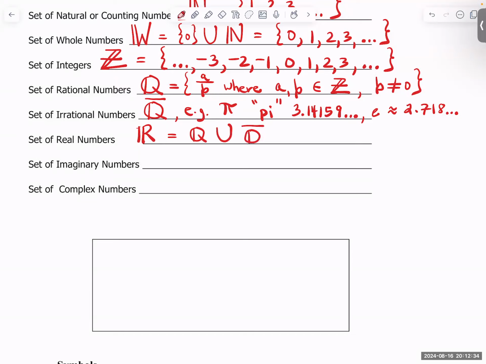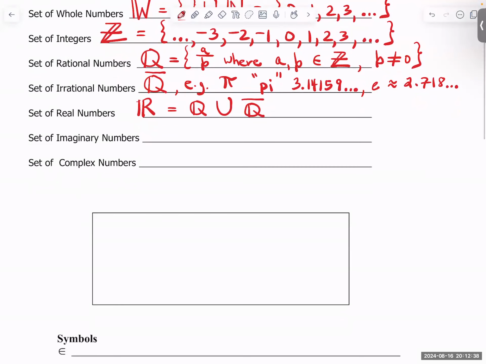Q bar. So in the rectangle below, if we imagine separating this box into two subsets, on the left will be the set of real numbers. And real numbers can be thought of as being divided into two subsets further.